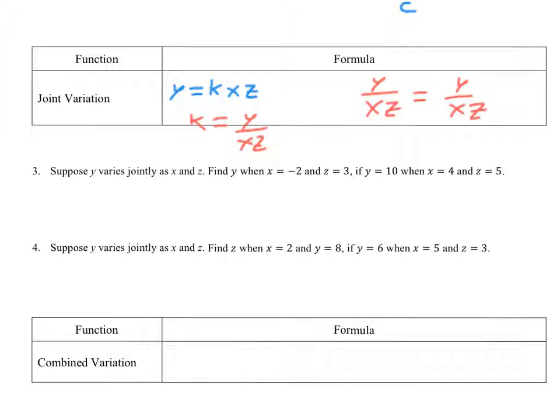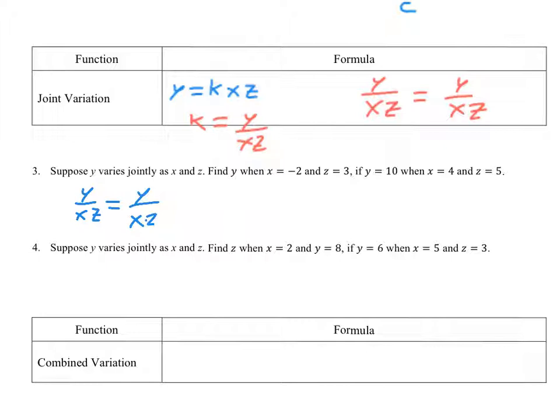On number 3, suppose y varies jointly as x and z, and they ask you to find y. So they are not asking us to write an equation, so we can use the shortcut formula. Y over xz is going to equal another group of y over xz.